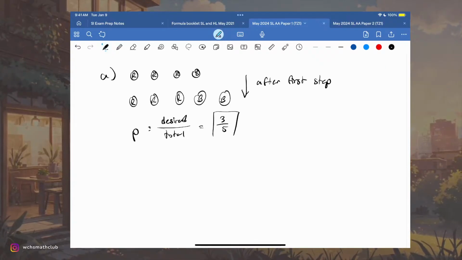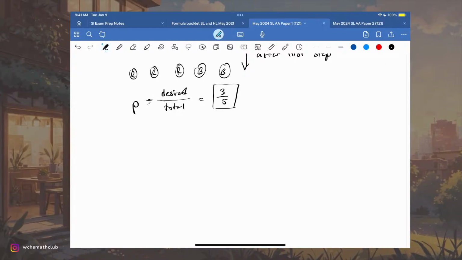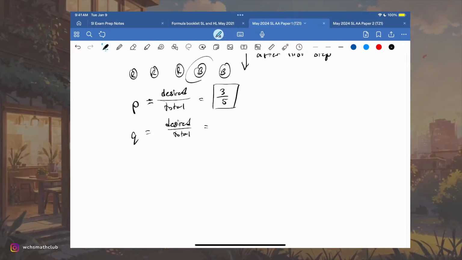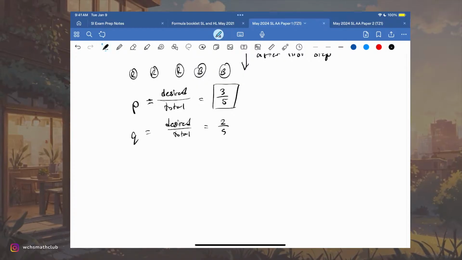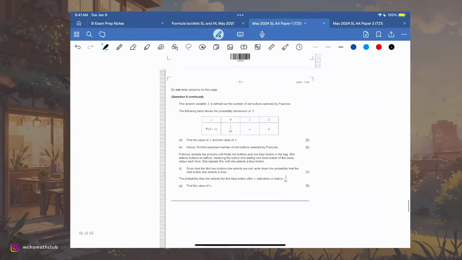So this is going to be the answer for your P. And for Q, sorry, this should actually be an equal sign right here. Similarly for Q, it's also desired over total, and this is going to be equal to 2 out of 5, just as we've shown above.